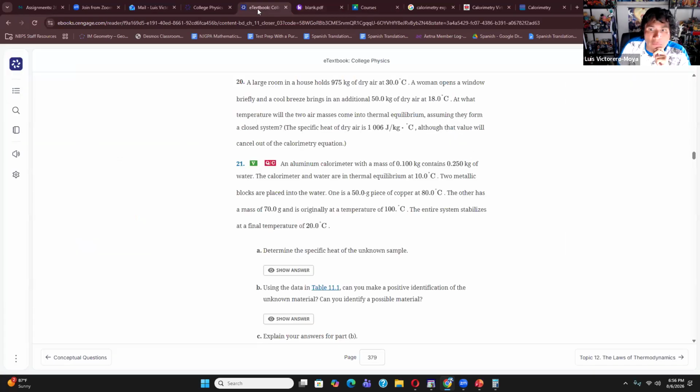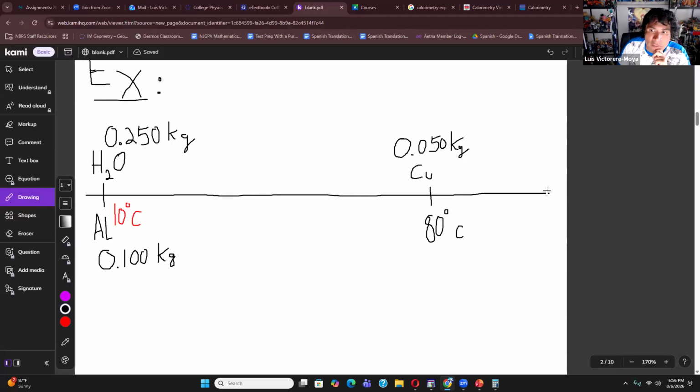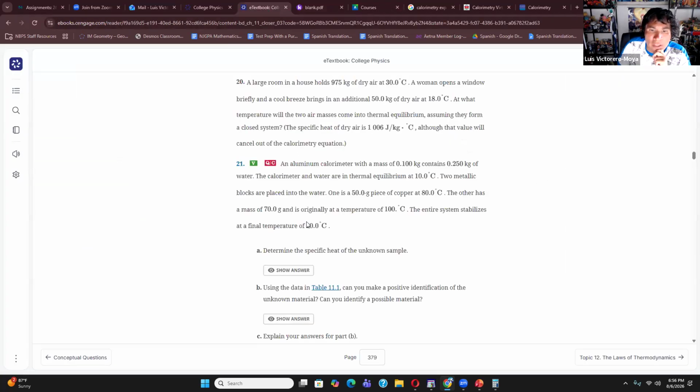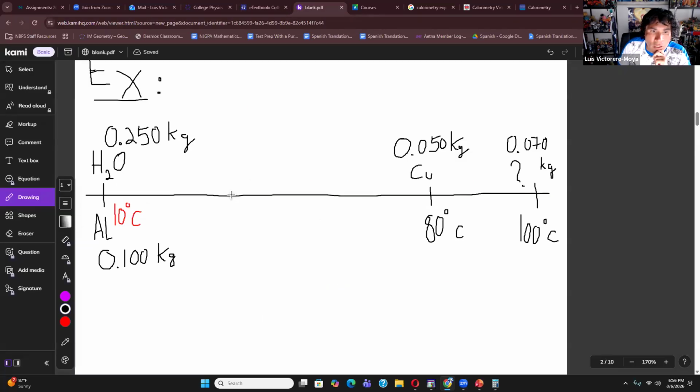And then you have an unknown element, 70 grams, so 0.07 at 100 degrees. That's why I left some space here. You don't know what this is, but you know it's 0.07. And everything reaches equilibrium at 20 degrees Celsius. So about here.